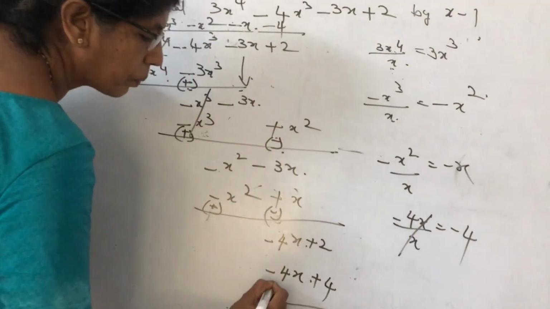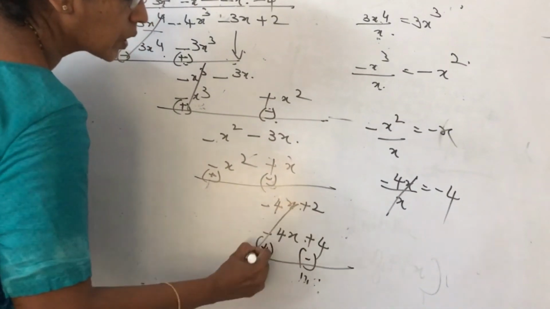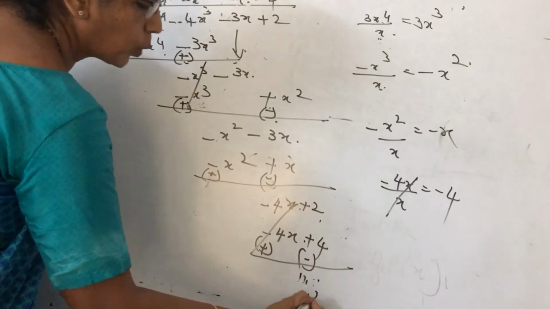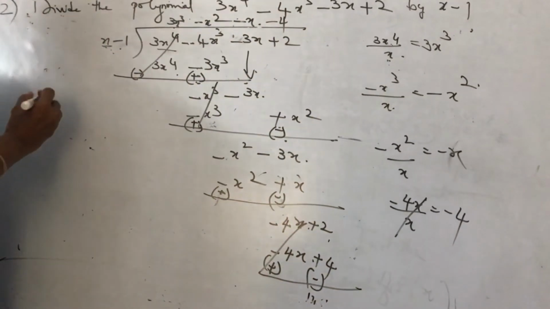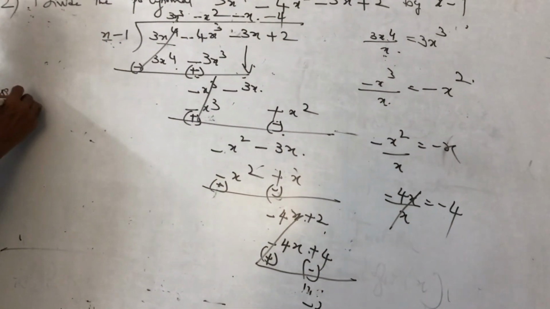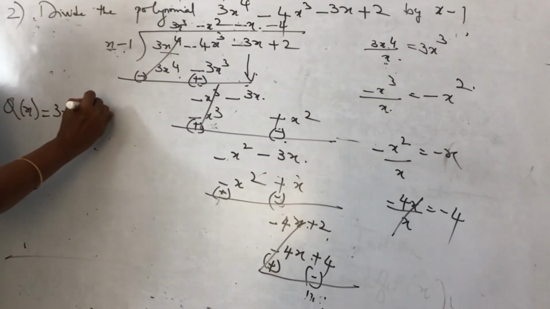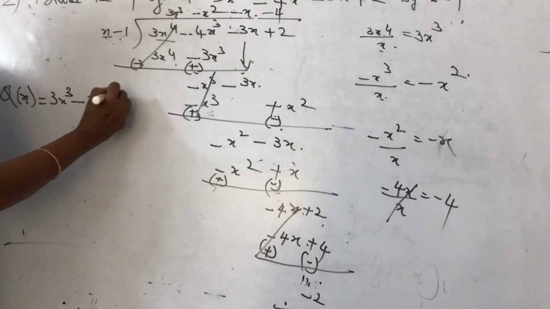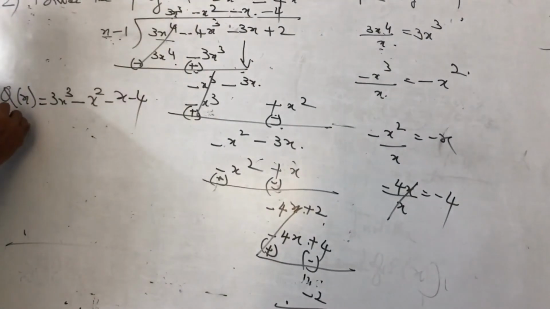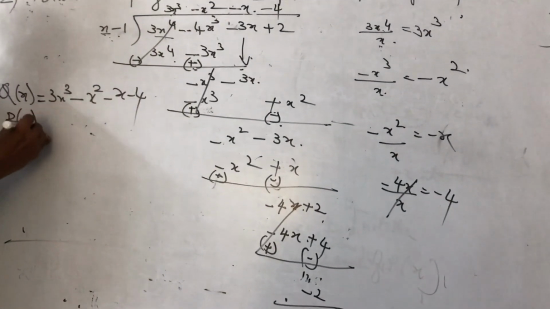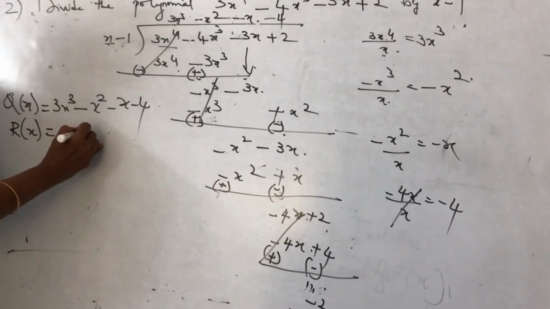Subtract. Subtract means change of signs. 2 minus 4 is minus 2. Your quotient is 3x cubed minus x squared minus x minus 4, and the remainder is equal to minus 2.